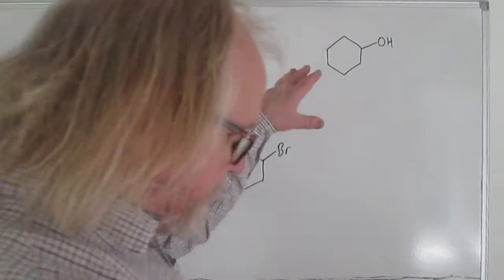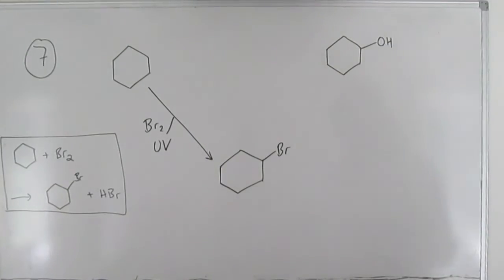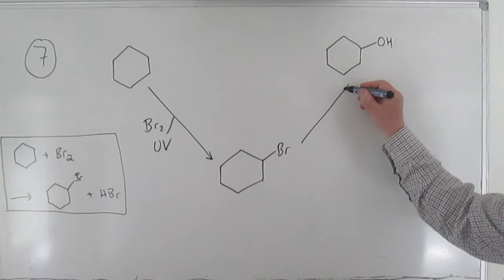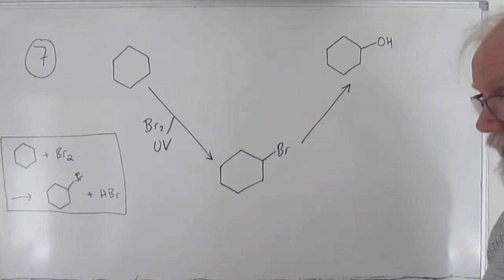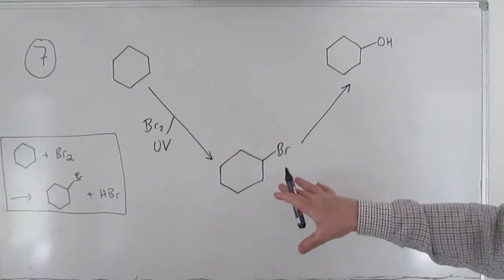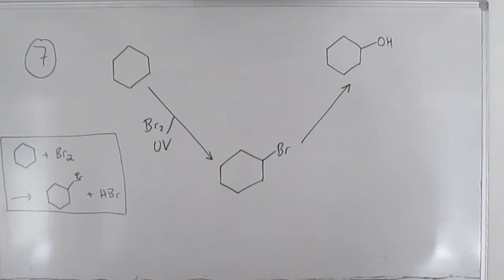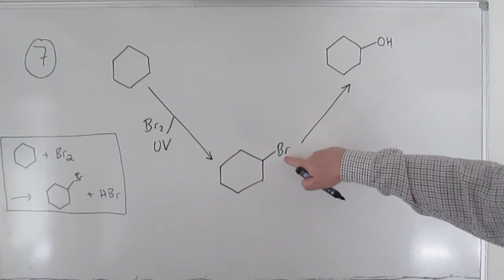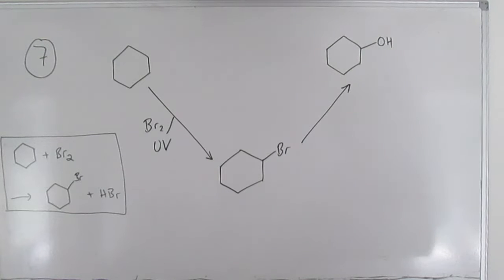Okay, so that's all very well, but that's not the product we want, so we now need to have a method that takes us from here to here. But of course, there is one, because the reaction that you've learnt, and you've really only learnt one reaction so far for haloalkanes, is exactly that, substituting OH for your halogen in a hydrolysis reaction, or nucleophilic substitution reaction, whatever you want to call it.